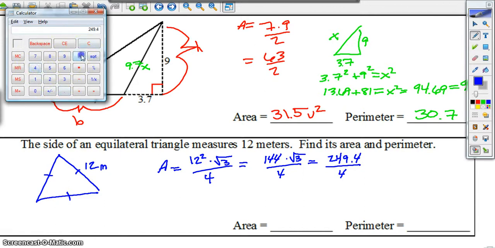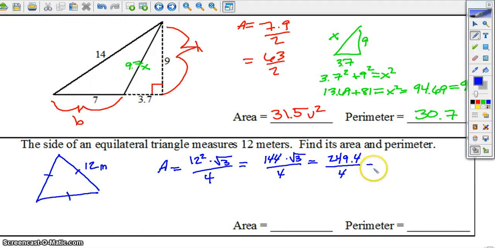249.4 divided by 4, we'll say 62.4. And this is meters squared.